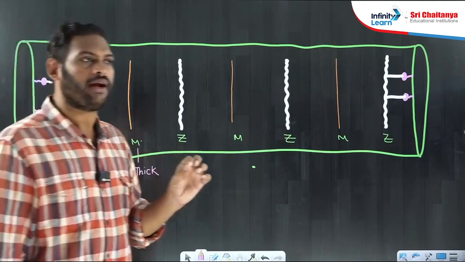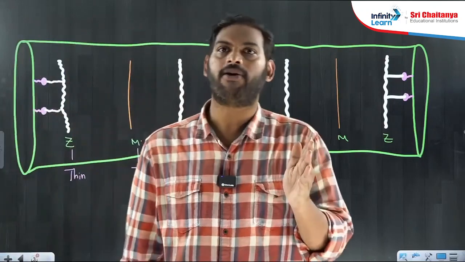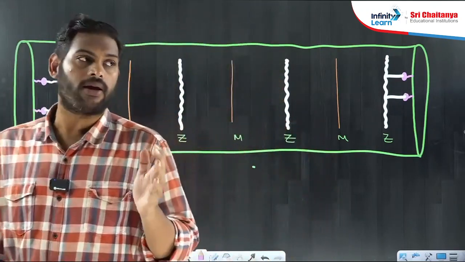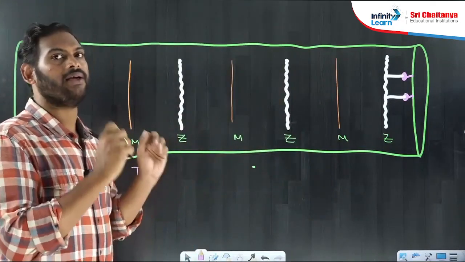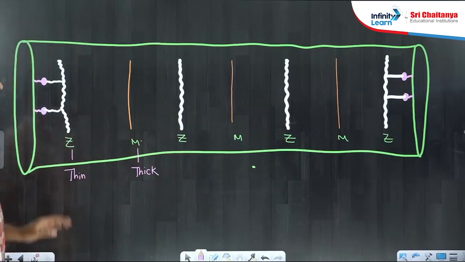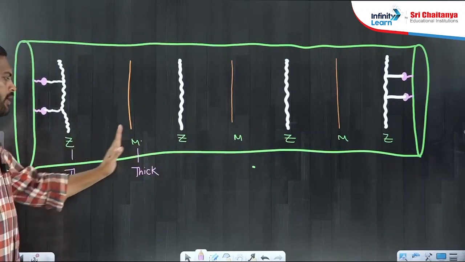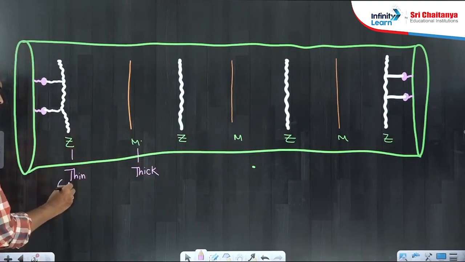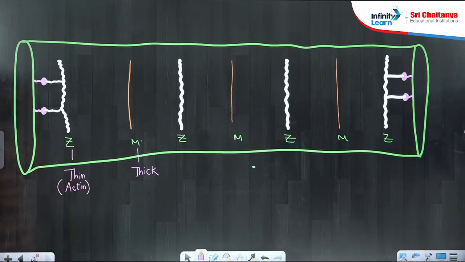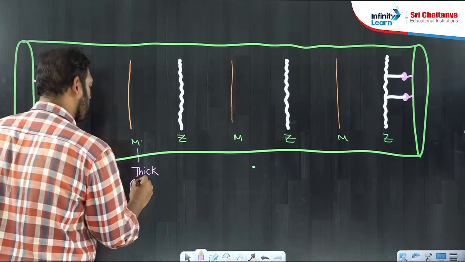Done. Z with thin filaments, M with thick filaments. Thin filaments consist mainly of which protein? Actin. Whereas thick filaments mainly consist of myosin.